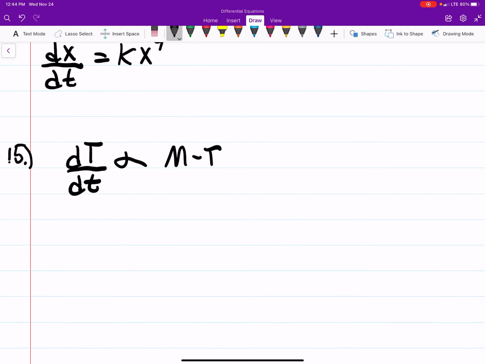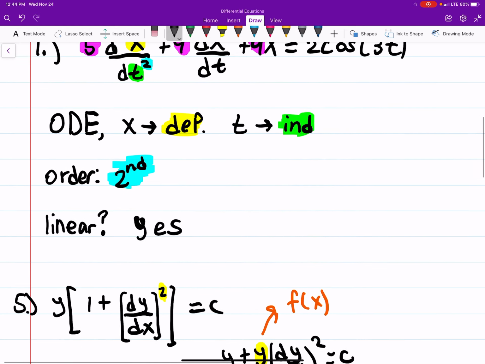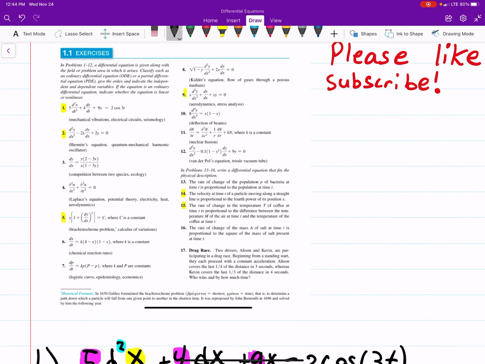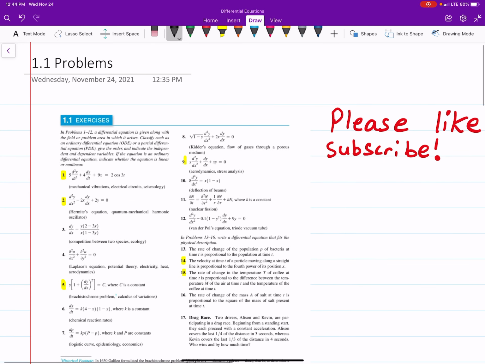And again, the proportionality symbol means we can just put a constant and make it an equal sign. So it's dT/dt equals C times M minus T. And this is the differential equation for the temperature of coffee. There's more problems if you wanted to work through them, but I think that gets you the idea. And then we can move on to 1.2.